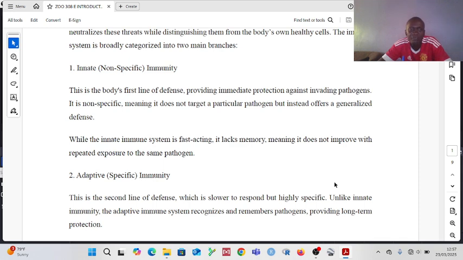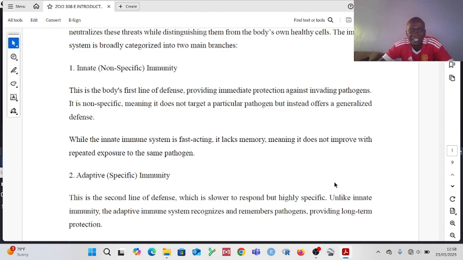So it means it can defend against a bacteria, it can defend against a virus, it can defend against a parasite. Okay, so it offers protection against a wide variety of pathogens. So the innate immune system is fast acting.